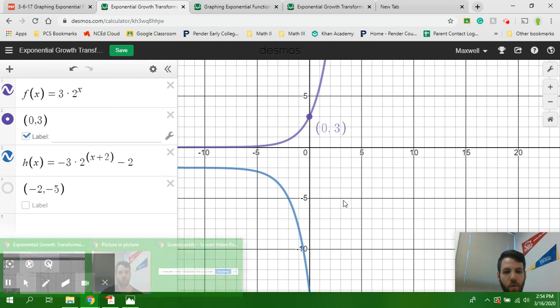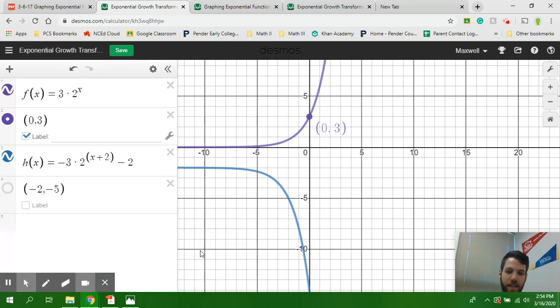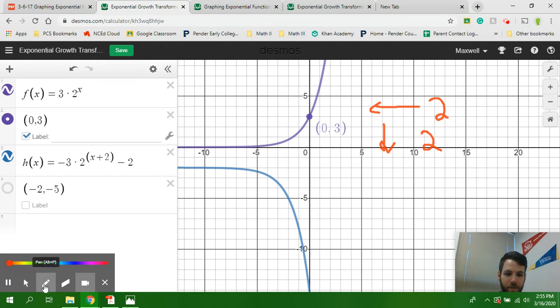So if we wanted to think in the same order we did last time, we would think about going right, left, up, down. So if we look at the +2 here, that means it's going to go left 2. And we're going to go down 2 based on that 2 on the end here.